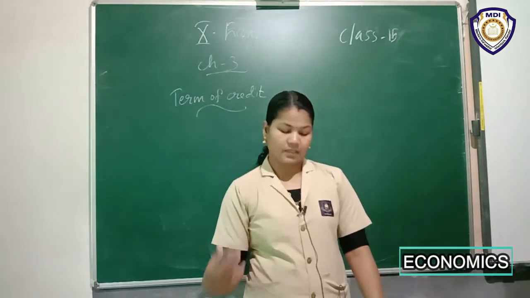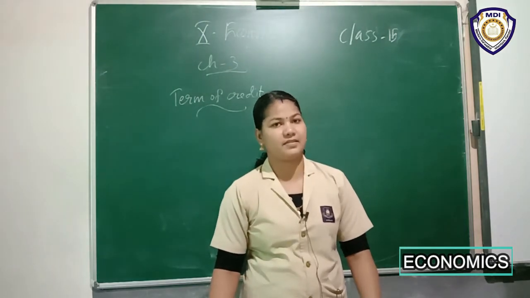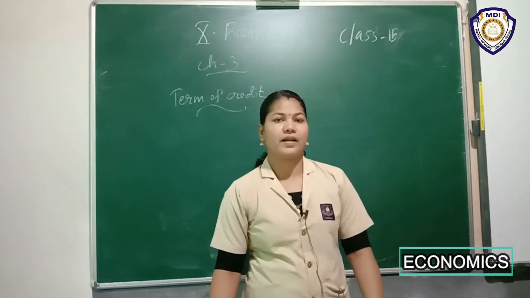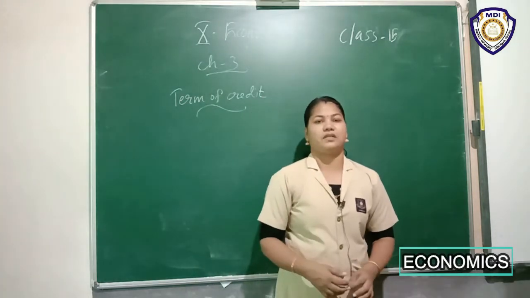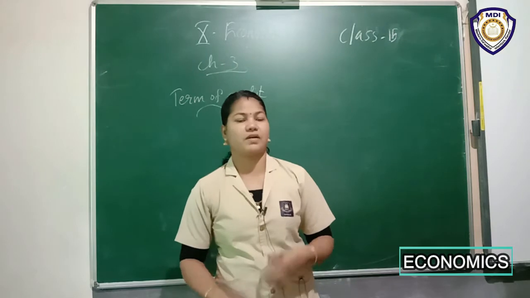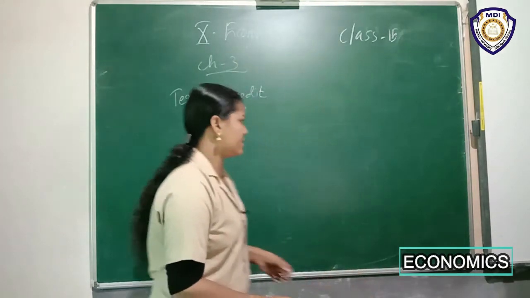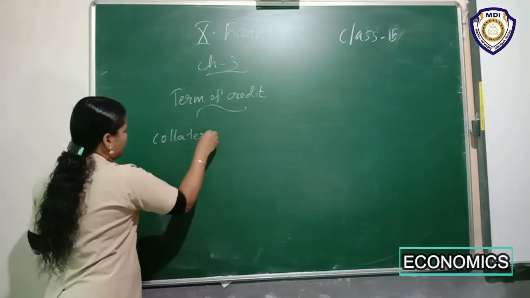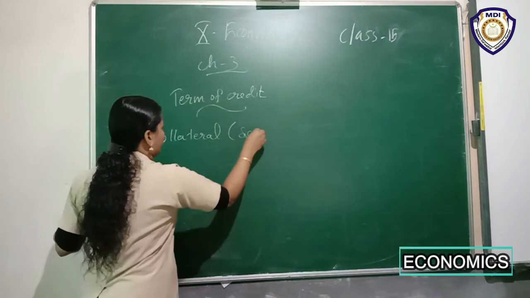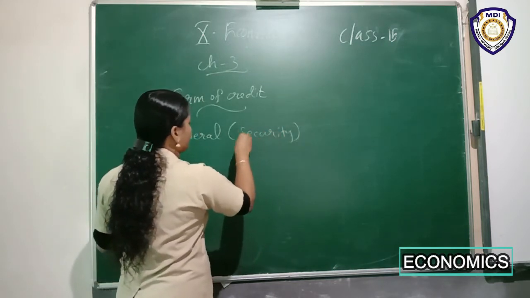In addition, the lenders may demand collateral, that means security. What is another name for security? We call it collateral. Okay, it's very important. Here we want to use one word, collateral. Collateral is called security.